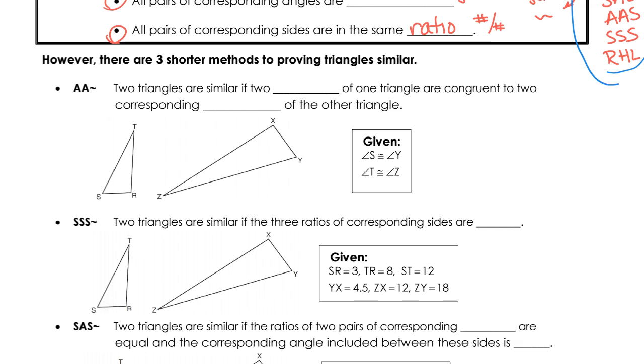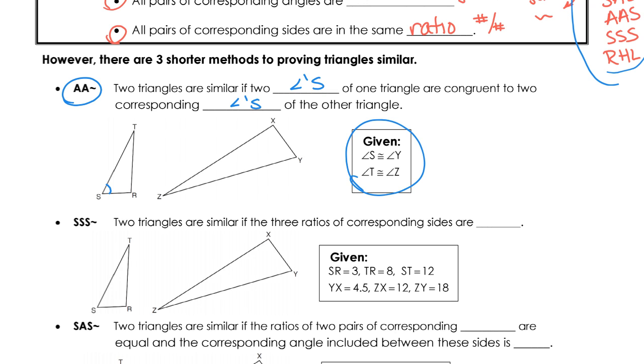So first shorter method is called AA. Okay, and this stands for angle similarity, is the squiggle underneath after the two A's. So it says two triangles are similar if two angles of one triangle are congruent to two corresponding angles of the other triangle. All right, so in our given information here in the box, if we mark what we have there, I'll show you guys what a picture looks like.